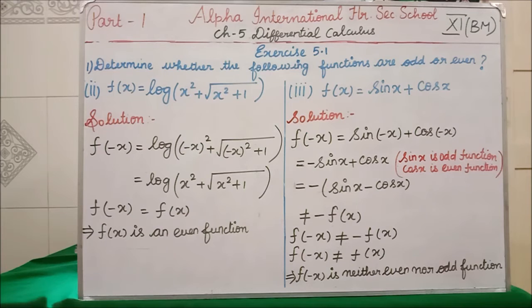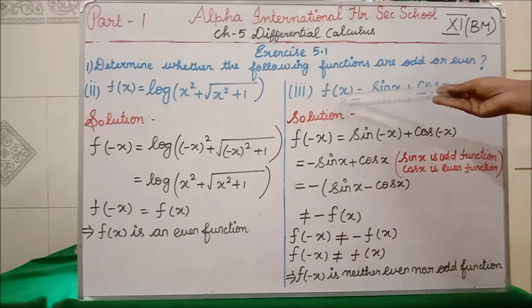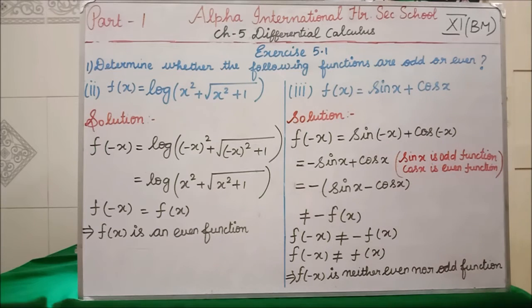Clear? Next we will see the third subdivision. In third subdivision, the question is f of x is equal to sin x plus cos x. First step we have to do is put minus x. Means wherever we are having x, we have to just substitute minus x.